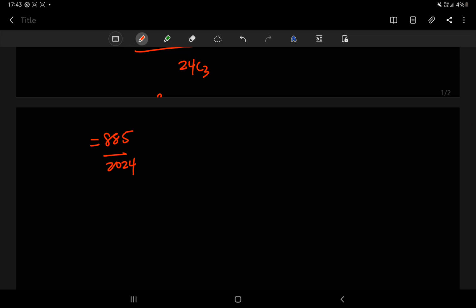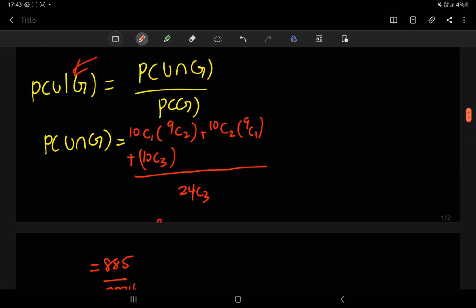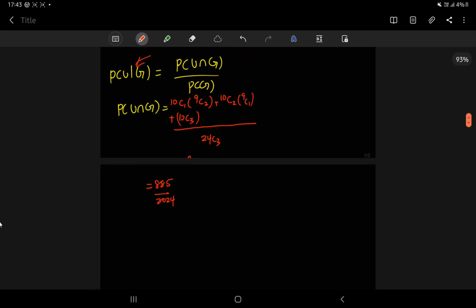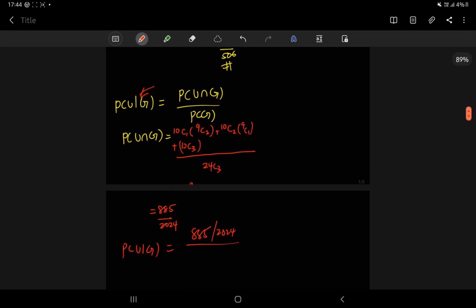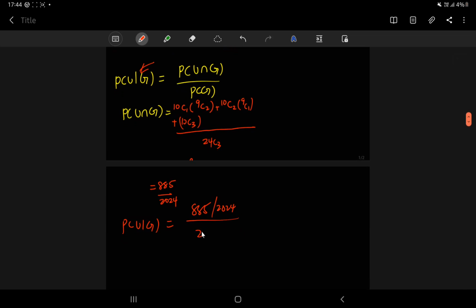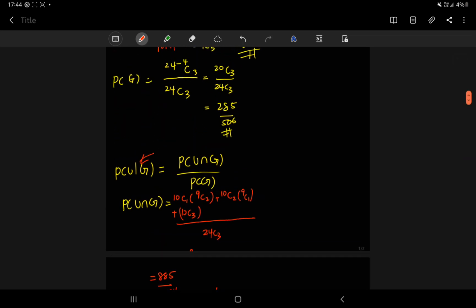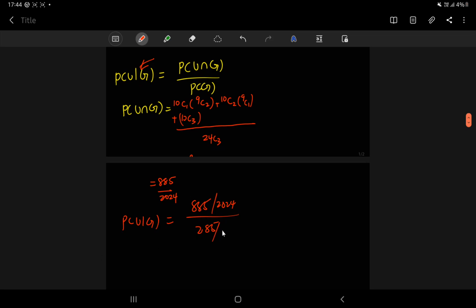Okay, let me see. Okay, so we already get that. So probability of u given g is 885 over 2024 divided by probability of g, which is 285 divided by 506.